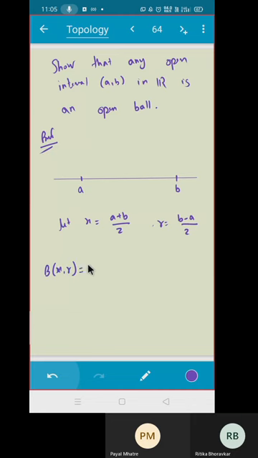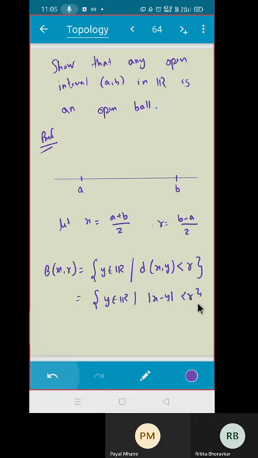So what is my B(x, r)? It will be the set of y in R such that the distance between x and y is less than r. Do you agree? Which is the same as the set of all y in R such that mod of x minus y is less than r. Now find the value of y.